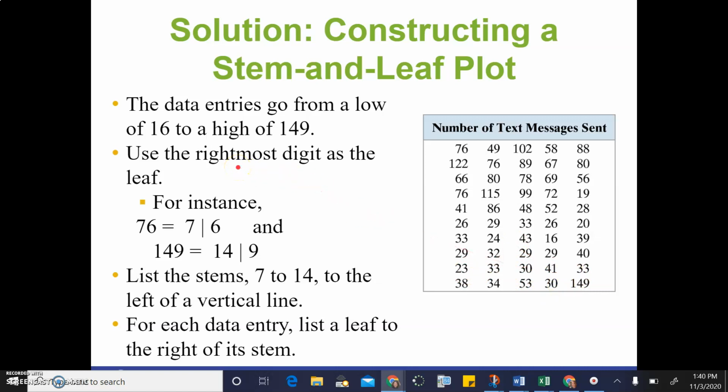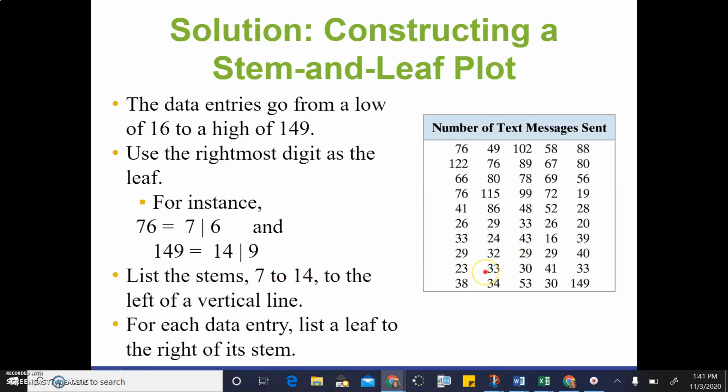And you're going to use the ones place as what's called the leaf, and the left side, this 7, this 12, this 6, that's how we're going to do what's called the stem. And you put the stems in order from your smallest to your highest.